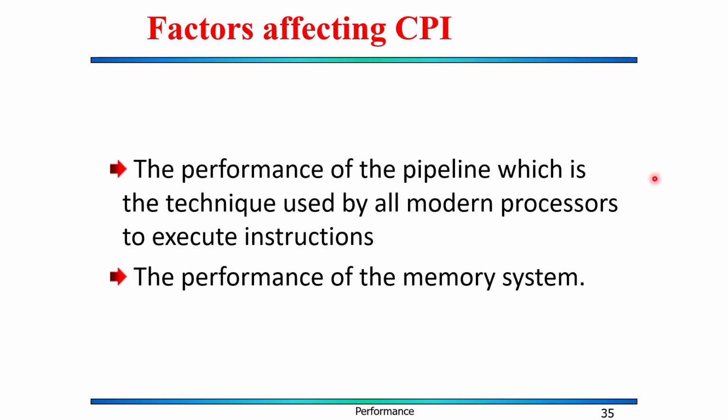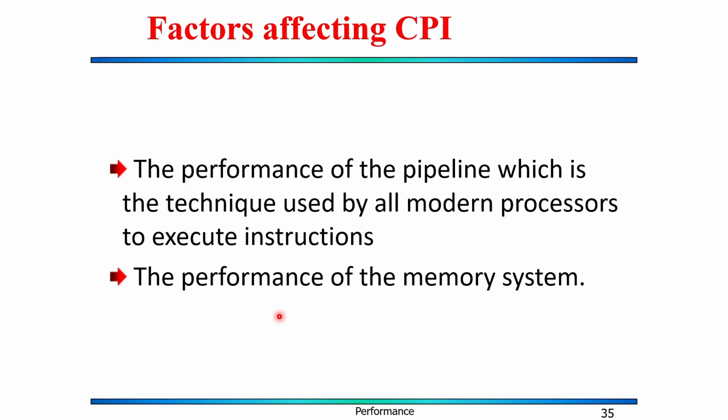The second major factor of performance is the memory system. When an instruction needs to load data from memory, it may have to wait if that data is not already in cache. This is called a cache miss. Memory access times are much slower than the processor speed. So waiting for data from main memory adds significant cycles to instruction execution.